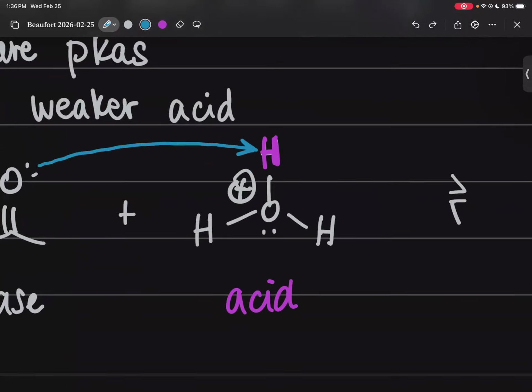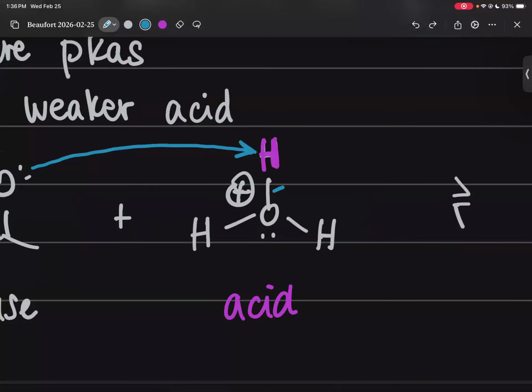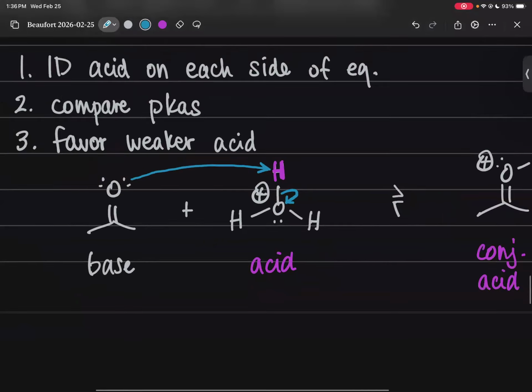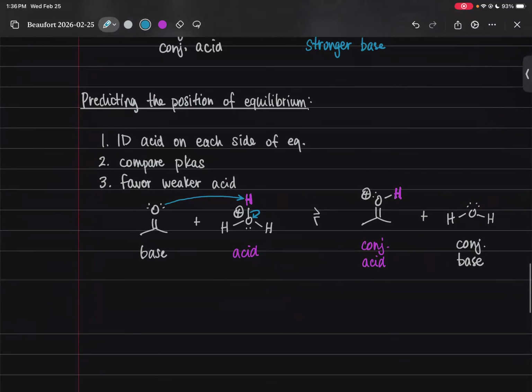And those electrons are going to go on to the oxygen atom. And that's what we see in the products. We formed a bond between the base, it used to be the base, and the hydrogen, the proton. And then the acid has the second lone pair come back down from that bond, or that bond has moved onto the oxygen to become a lone pair.